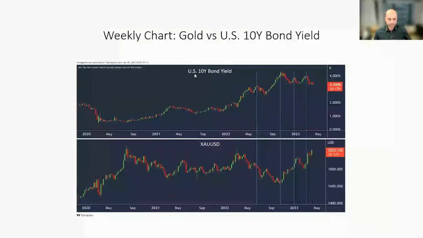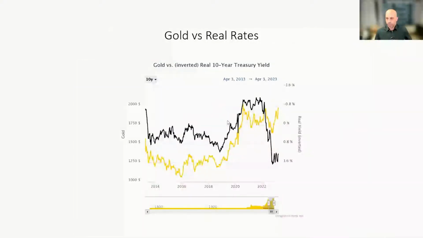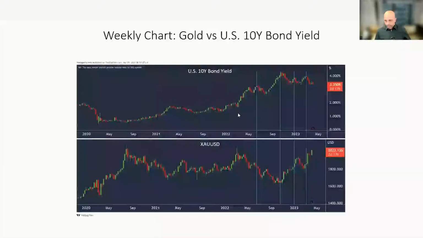So the yield that you see here, 3.35% up to 4.2%, these are nominal yields which are not adjusted for inflation. Whereas on the previous chart, the line in black is illustrating the 10-year bond yield which has been adjusted for inflation. Okay, so just take note of that.